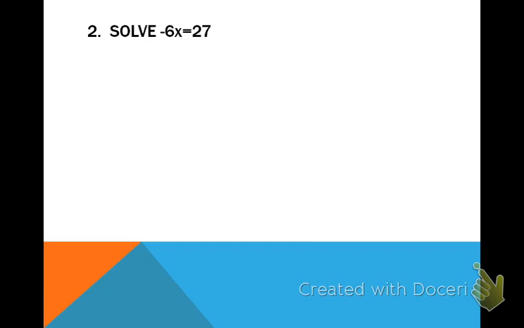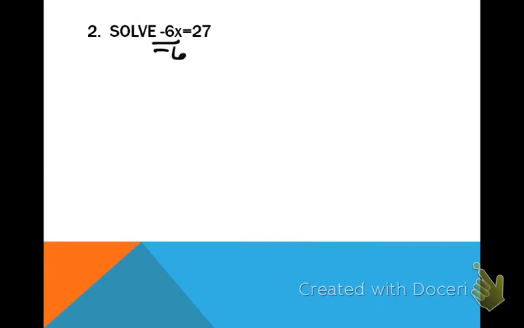The next step is undo multiplication and division. We've got negative 6x there. That means negative 6 times x. The way we undo that is to, instead of multiplying the x by negative 6, divide. You got it.